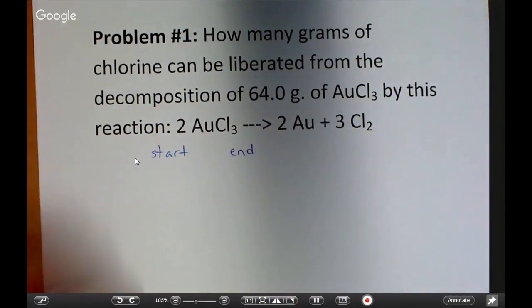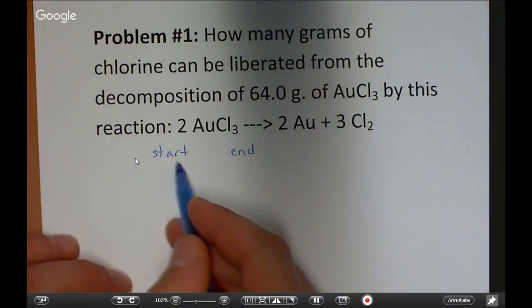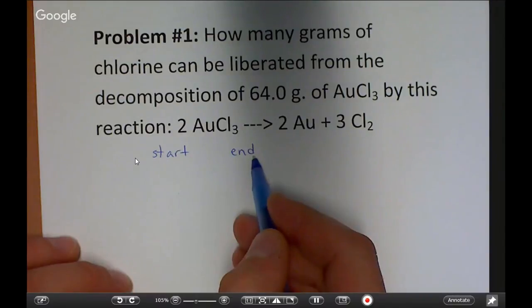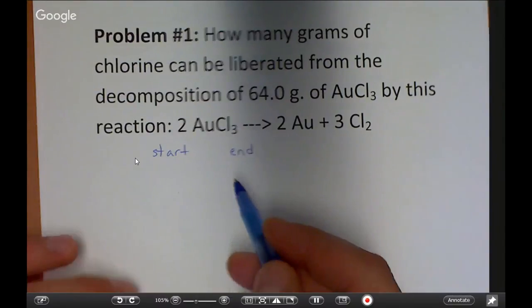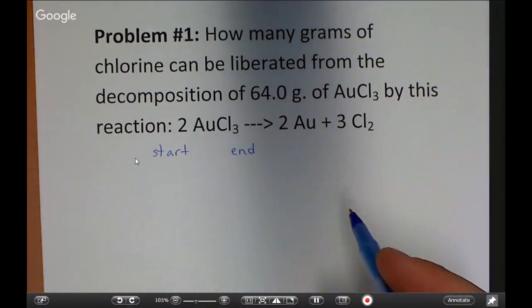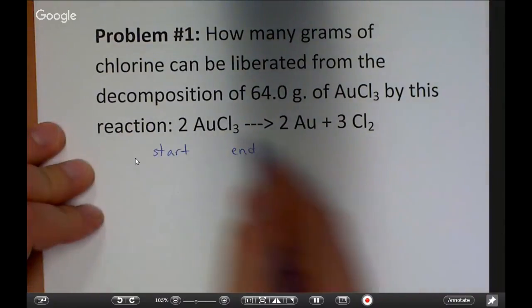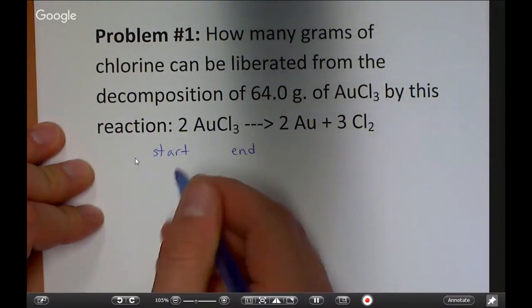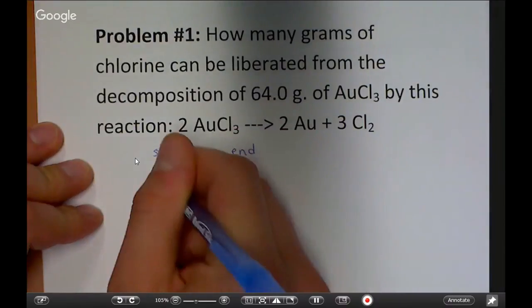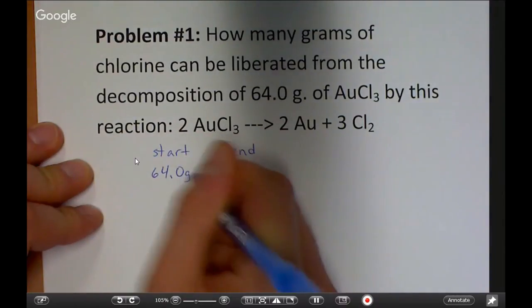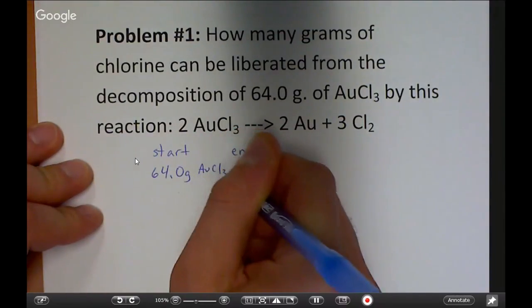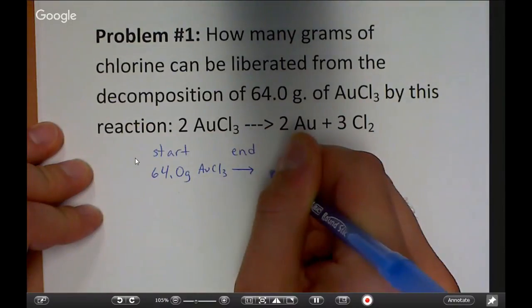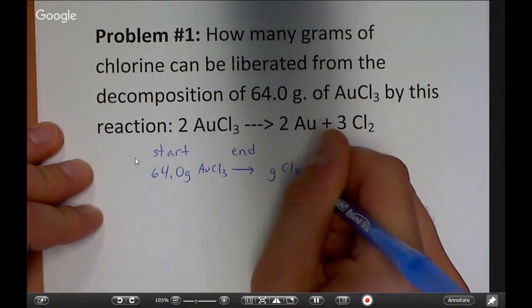It's as if we're entering GPS coordinates and we're saying, hey, this is our starting location, this is the end result where we want to go, and then we can look at the roadmap to decide what's the best route, how are we going to get there. So the start point here is 64 grams of gold 3 chloride, and the end point is grams of chlorine.